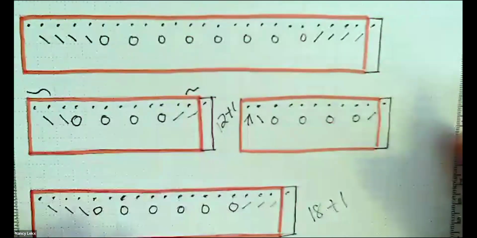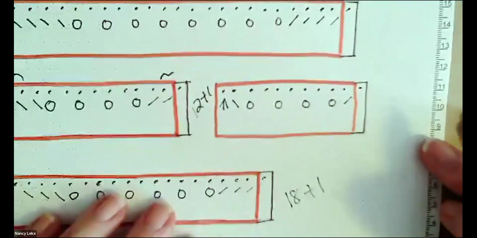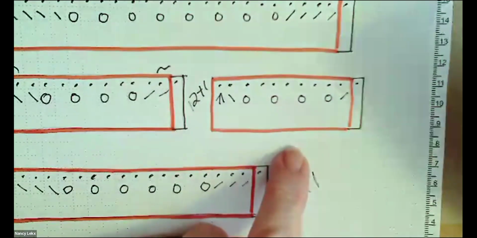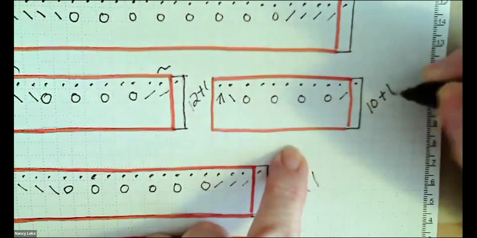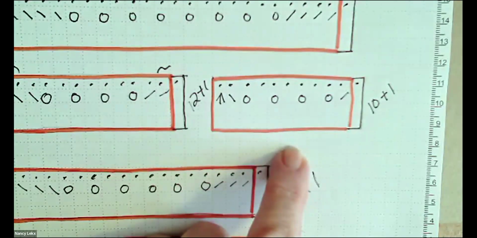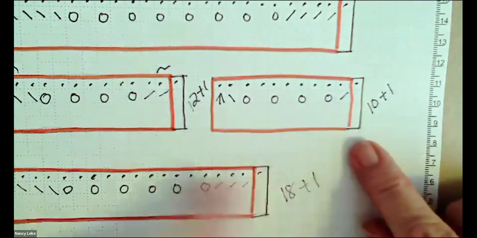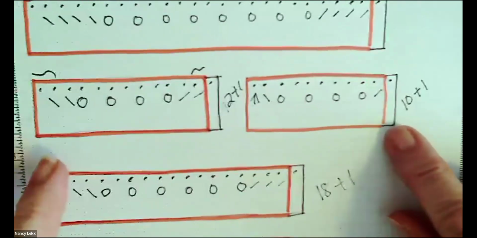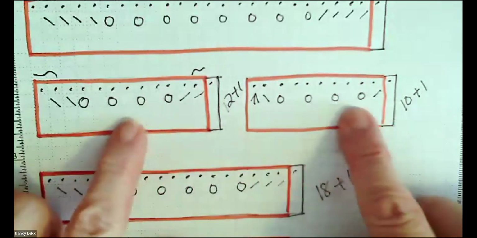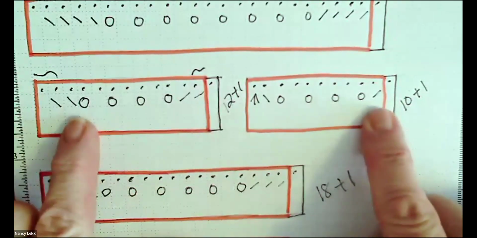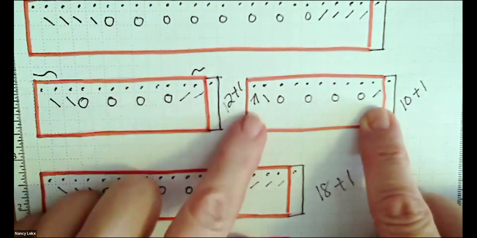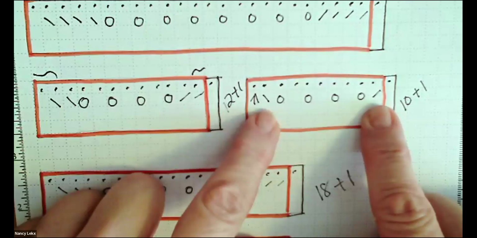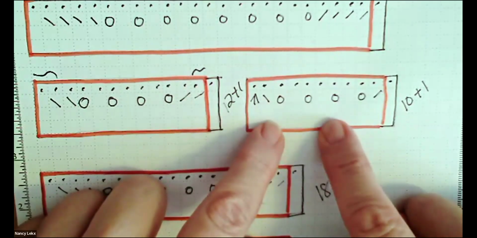And your chart now looks like this. This is 10 stitches plus 1. It's the same number of increases, same number of eyelets, same number of decreases, but you're doing a double decrease here with a single decrease on either side of it. So we've taken this down to 10 stitches.